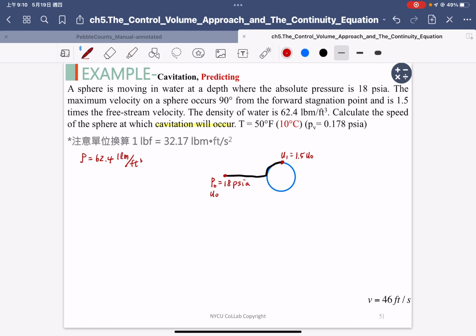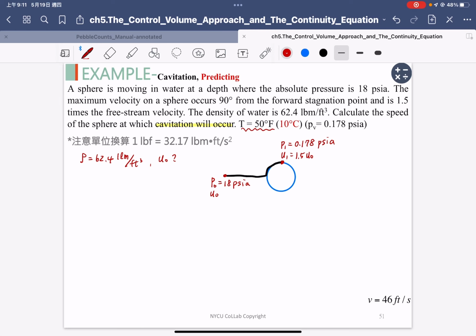Okay, so we know cavitation will occur when the pressure equals the vapor pressure at this temperature, which is 0.178 psia. So we need to calculate how large U0 must be in this condition for us to see cavitation.